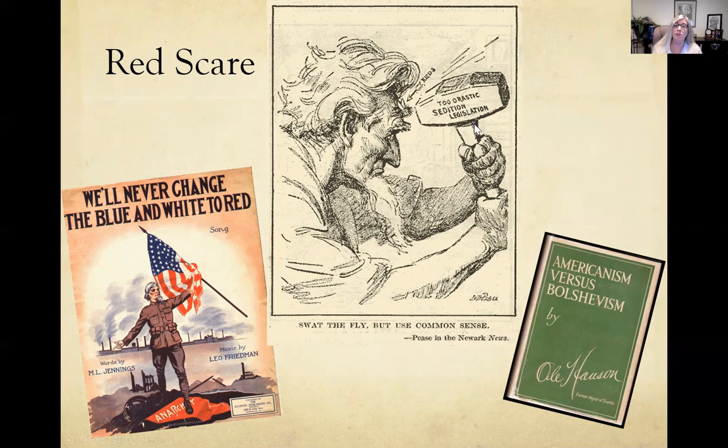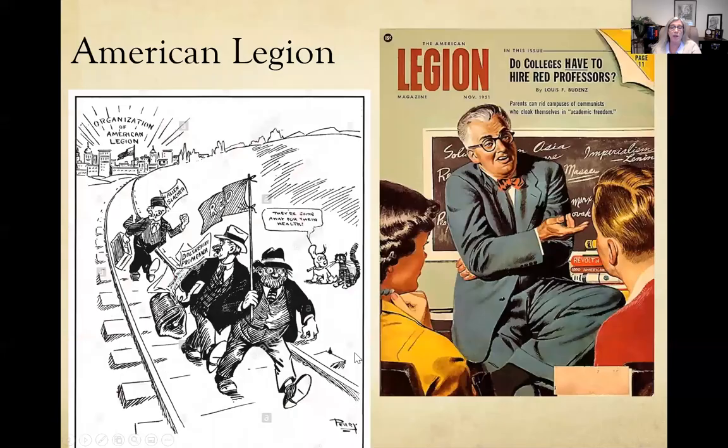So if we've got this sedition legislation and he's got this hammer to swat a fly, you've got to also think back to what we talked about with John Adams and the Alien and Sedition Act and the Federalists early on, that there was a fine line between protecting the interest of the United States from some sort of treasonous, seditious behavior and violating the rights that are guaranteed in the Constitution. So they're kind of issuing a warning here, right? This would be the purpose behind this particular image.